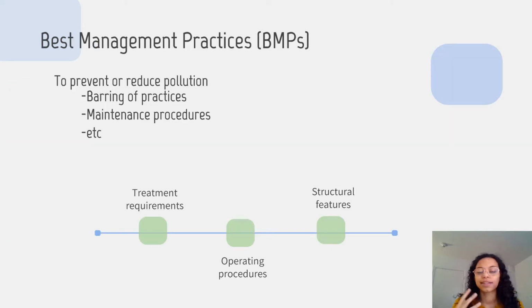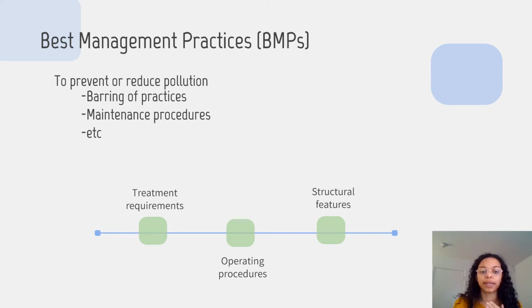So organizations like the Chesapeake Bay Program and the United States Geological Survey use best management practices to help prevent or reduce pollution. These are things like the barring of certain practices and maintenance procedures that are placed upon different companies, organizations, and people to prevent excess sediment and other pollutants from going into waterways.